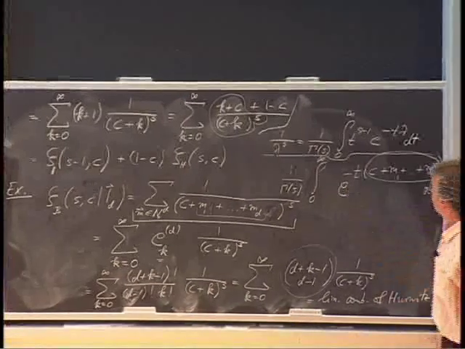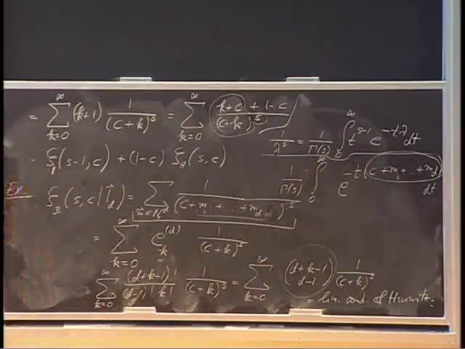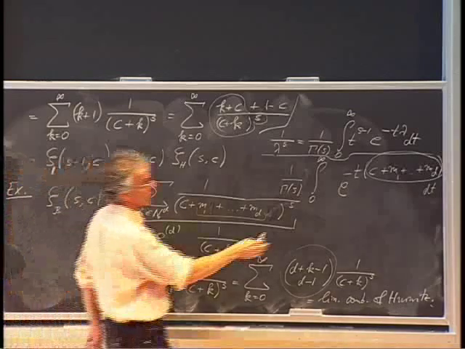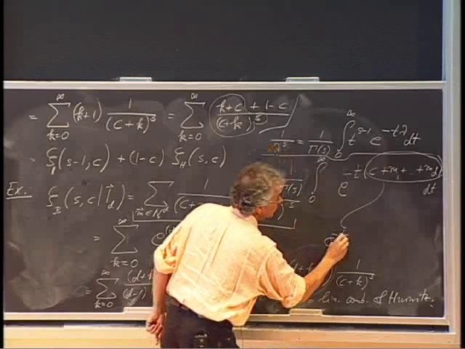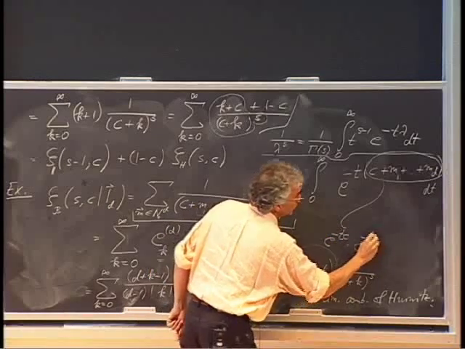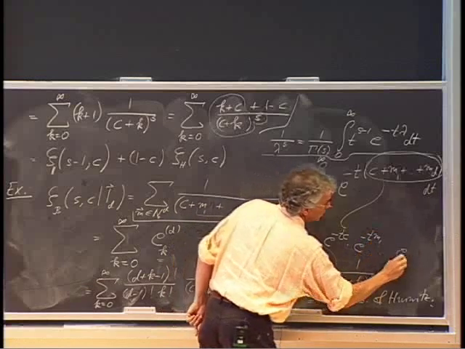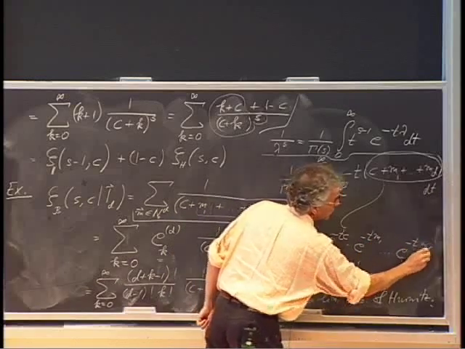And you know the nice property of the exponential. So we keep the e to the minus tc, and the other factors. So this is e to the minus tc, e to the minus t m1 times e to the minus t md.